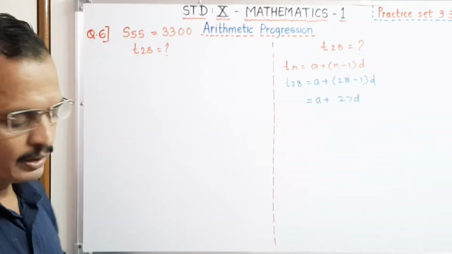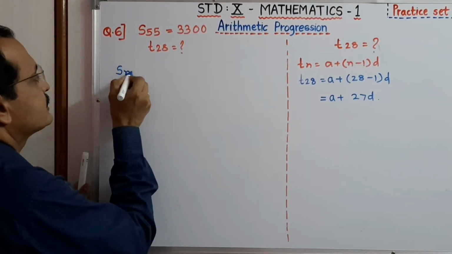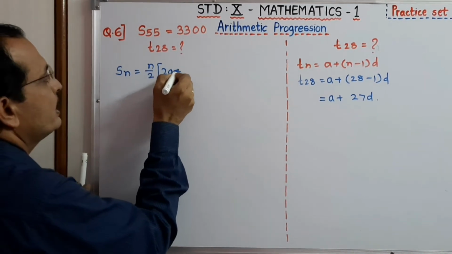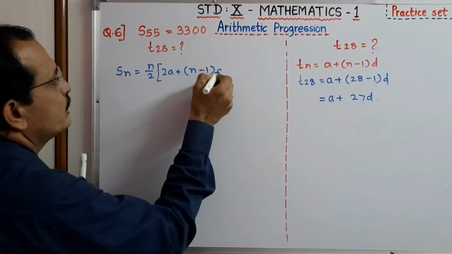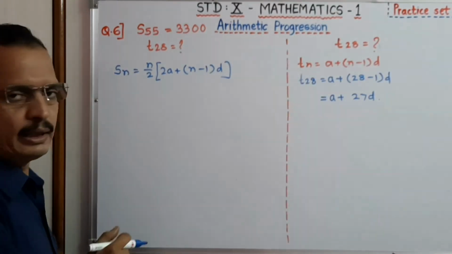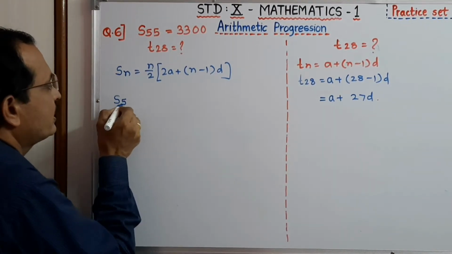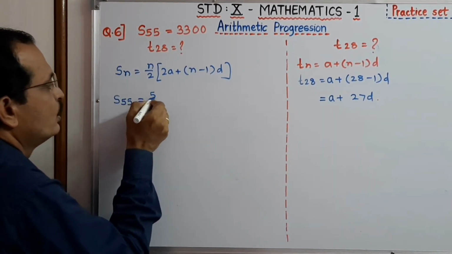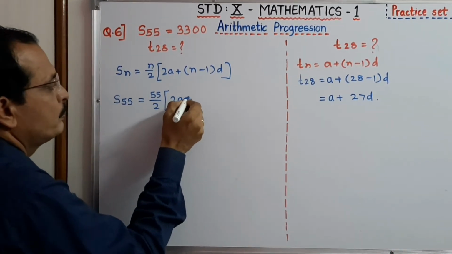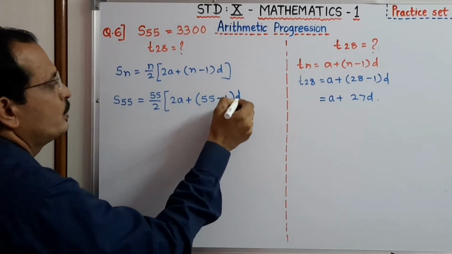S55 is given. Therefore now here we have to use the formula Sn. Sn is equal to n upon 2 into 2a plus n minus 1 into d. This is the formula for Sn. Now S55 is given, therefore we write here S55 is equal to 55 upon 2 into 2a plus 55 minus 1 into d.